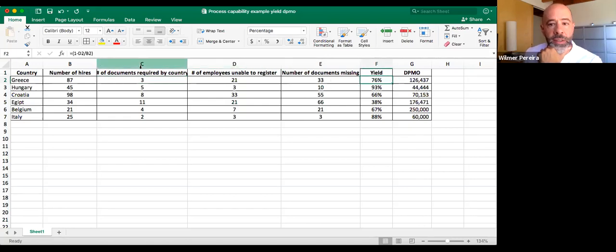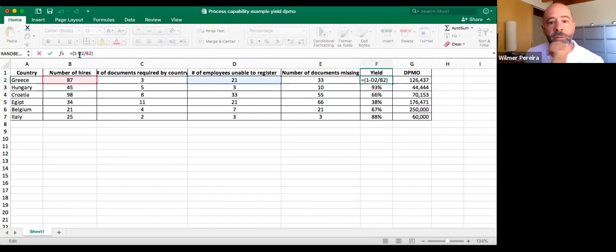If we click on the formula in the yield column, we will see that the formula is 1 minus D2, where D2 is the defective. For this example, a defective is an employee that is unable to register, regardless of whether they are missing 1 or more than 1 document. D2 is divided by the total number of units, which is B2, the number of hires.